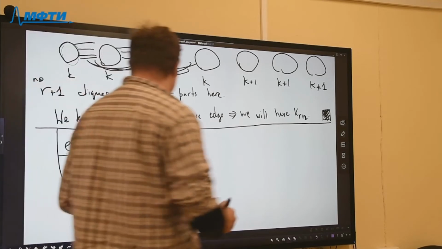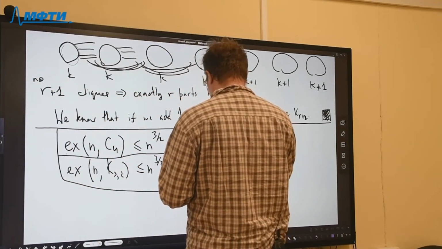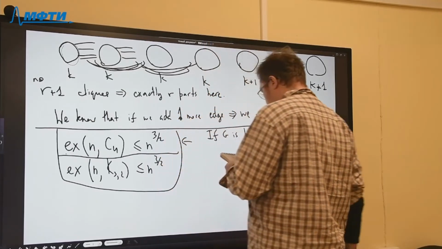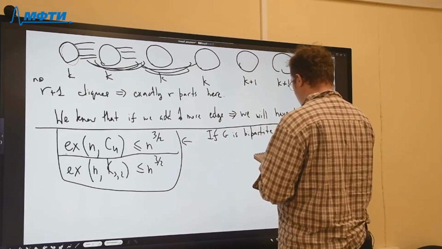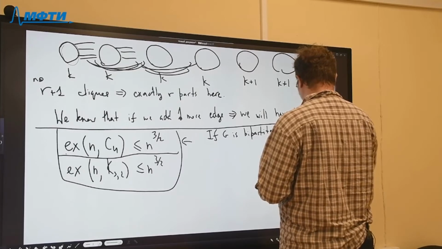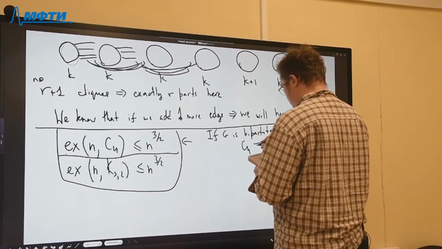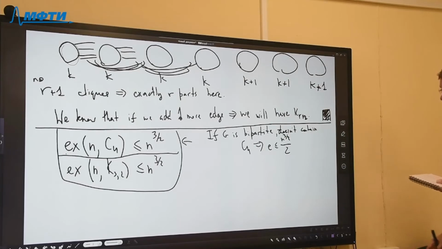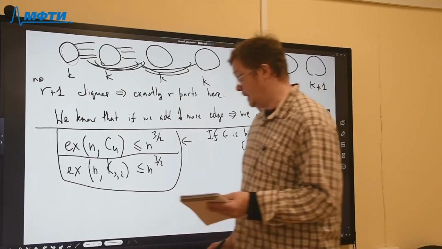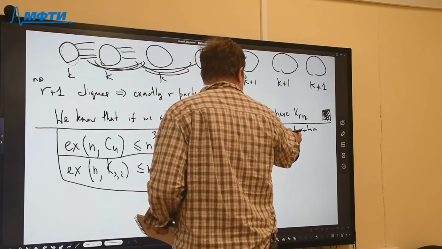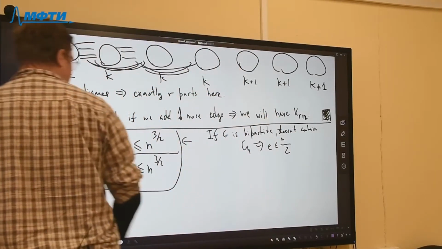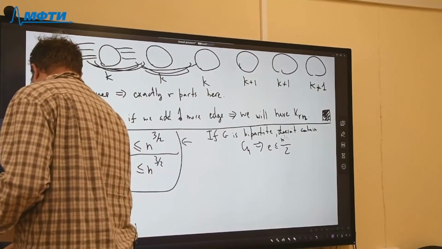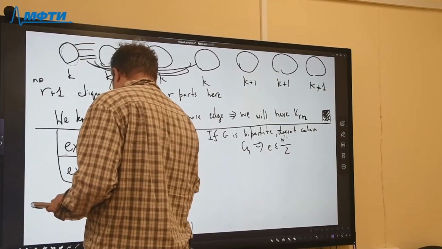For the first one, it will help you if you prove that if G is bipartite and doesn't contain C4, then the number of edges is not greater than half of n to the power 3/2.